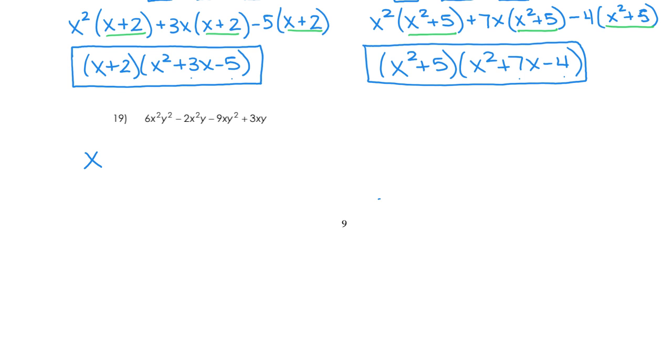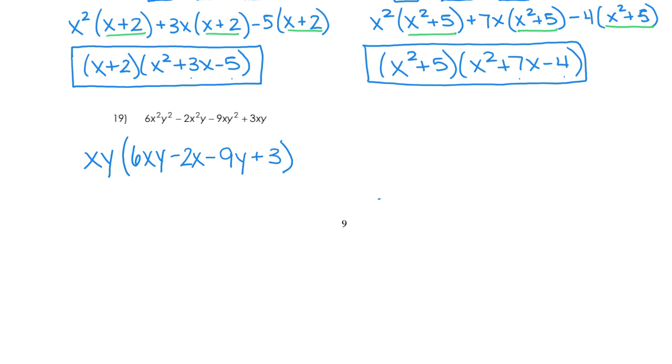I can also pull out a y. Left over 6xy, negative 2x, negative 9y, a positive 3.